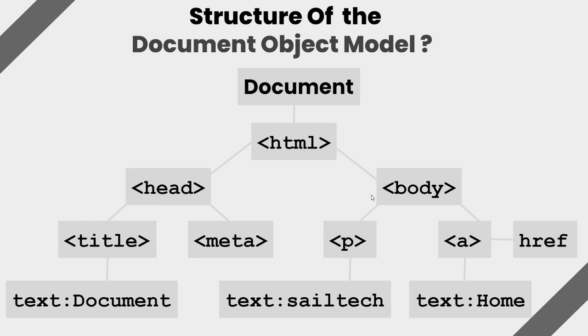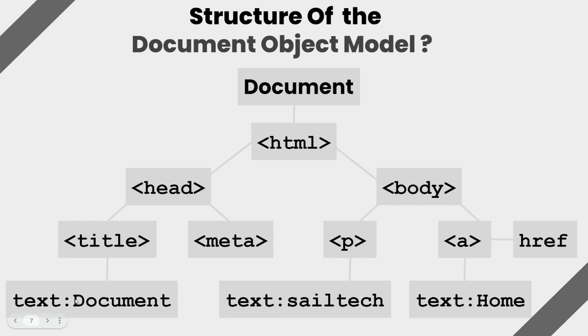Now, after the head and the body, we have the elements within the head and the body. Here we have title and meta. And for the body, we have the p tag and the anchor tag, and also the attributes. And for the last level, we have the actual content within the HTML element.